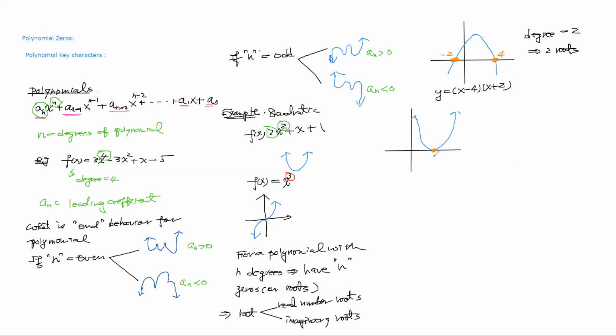Let's say this is 4 here. So the root is 4. But the quadratic has degree 2. Then you say, hey, you told me if the degree is 2, you should have 2 roots. Why does it only have 1, right? So in here we say, yes, the number of roots is 2, but we call this multiplicity.